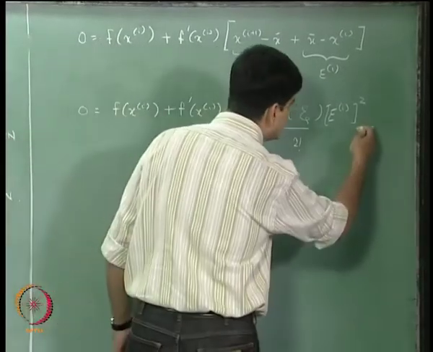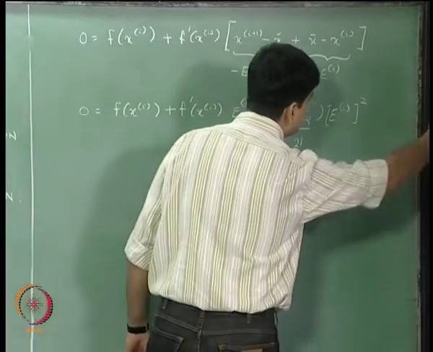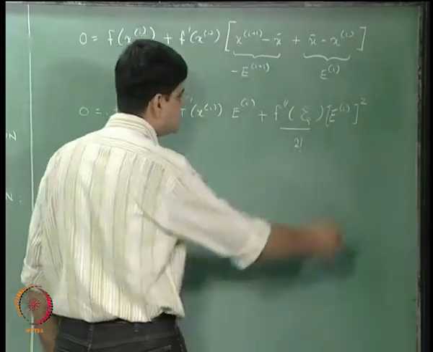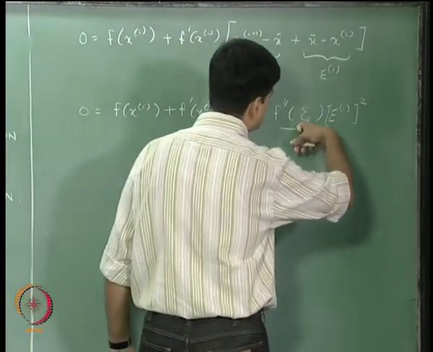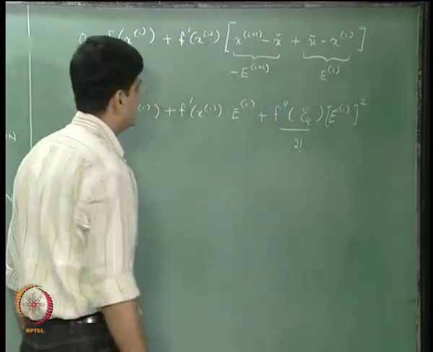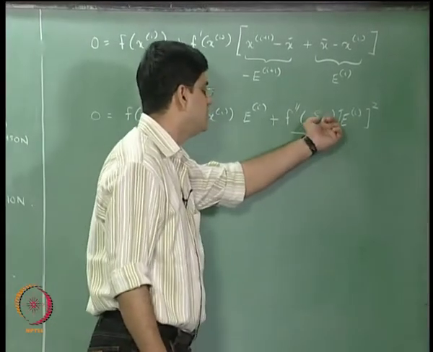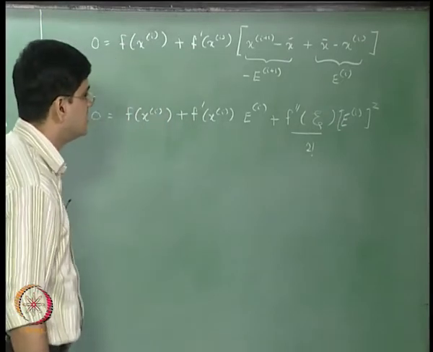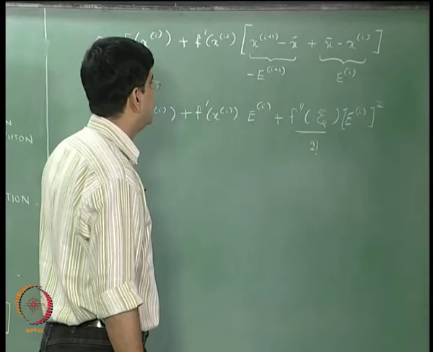So this is an exactly correct solution, not an approximate solution. We have not discarded the infinite series terms, but we have chosen zeta such that this expression is valid, and by the mean value theorem you can always find this value zeta which is guaranteed to lie between xi and xi plus 1.